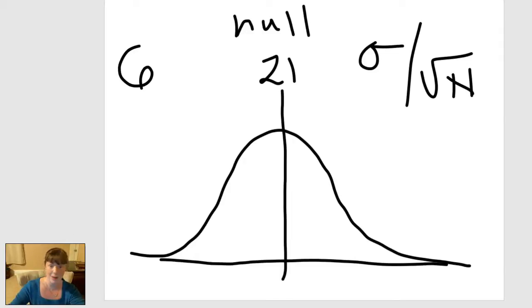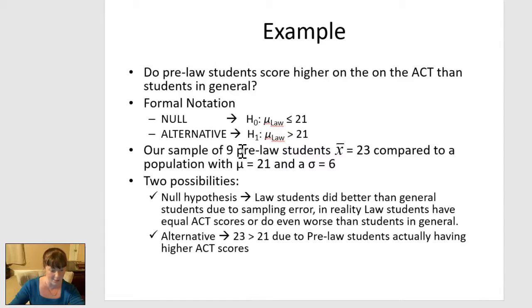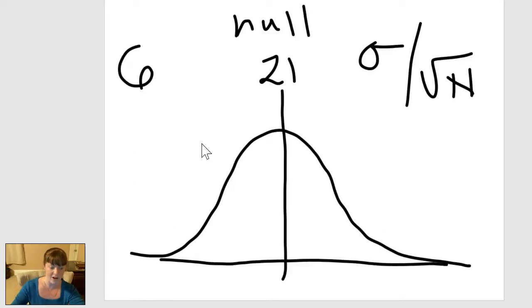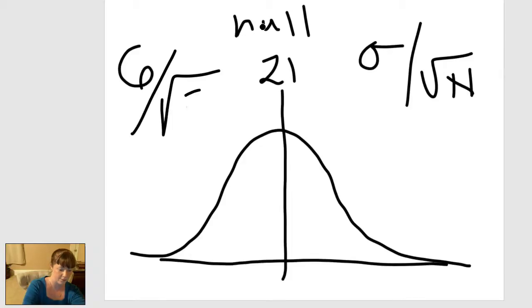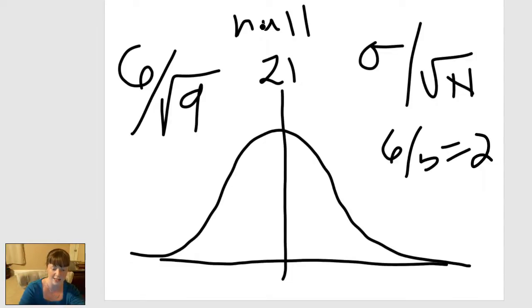And how many people are going to be in each of my infinite number of averages? Well, my one sample has 9 people in it. So I guess my infinite number of averages will also have 9 people in them. So standard error is 6 over the square root of 9. That's 6 over 3. So standard error in this example is 2, right?